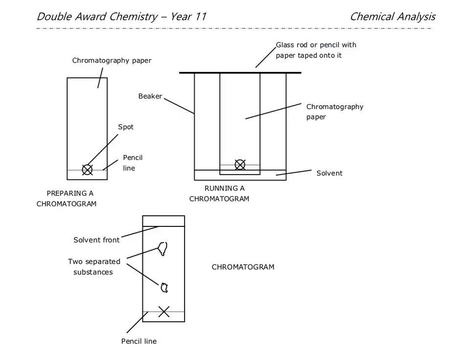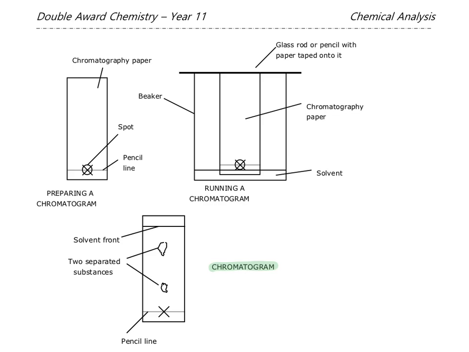So over on page 16 you have a couple of diagrams which represent the different steps within the chromatography process. So you can see preparing your chromatogram, running your chromatogram in your solvent, and then what you're left with at the end, which is called our final chromatogram. You can see your spots separated out and your solvent front marked.